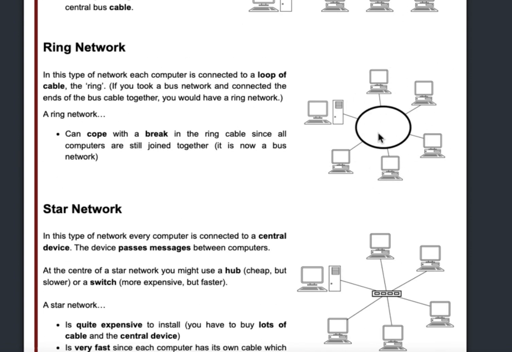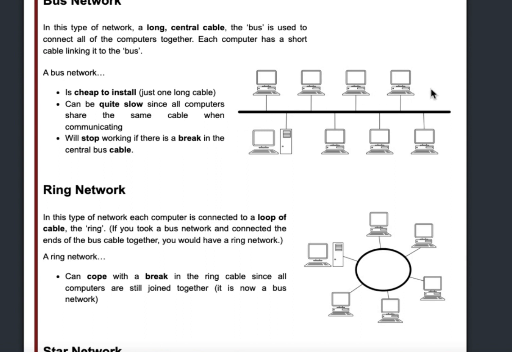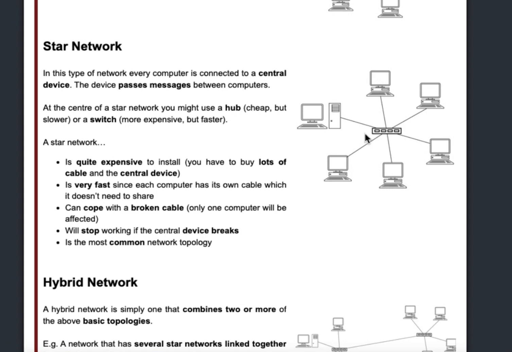We just bought a cable. In the bus network we just use a straight cable and connect the computers to that straight one. In the ring one, we make the cable round and it forms a ring network. But in the star one, you don't have to do that, but you have to buy a central device.